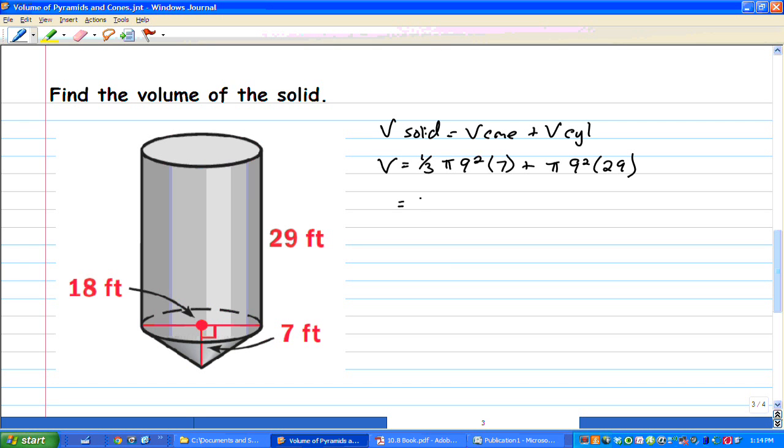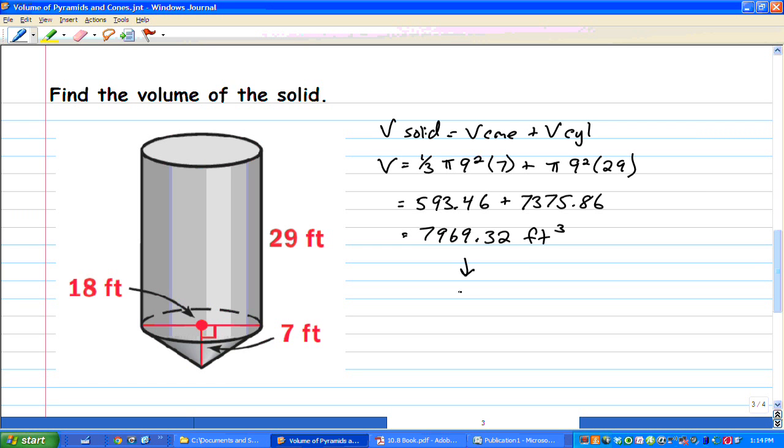This will come out to 593.46 plus 7375.86. Add those together and get 7969.32. And then our units would be feet cubed.